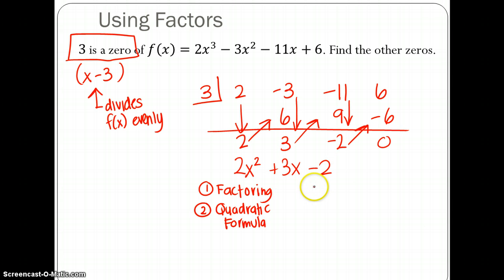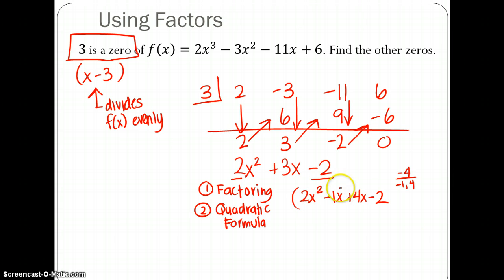So, for instance, if we factored this one, go through the factoring, 2 times negative 2 is negative 4. Factors of 4 that add to 3 would be negative 1 and 4. So if we take this middle term and break it apart, minus 1x plus 4x minus 2.